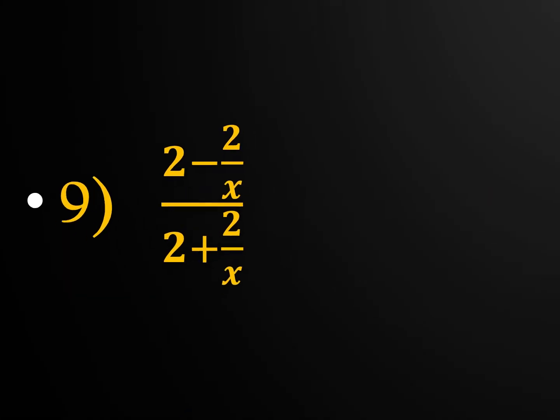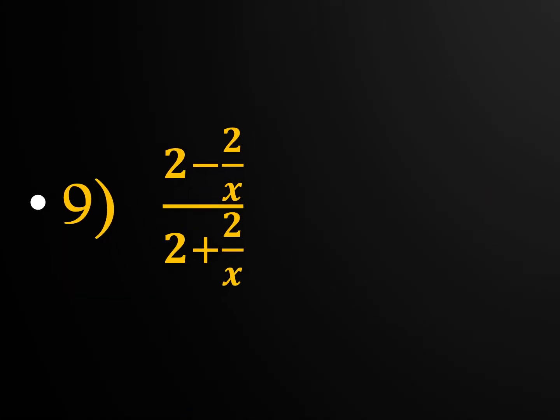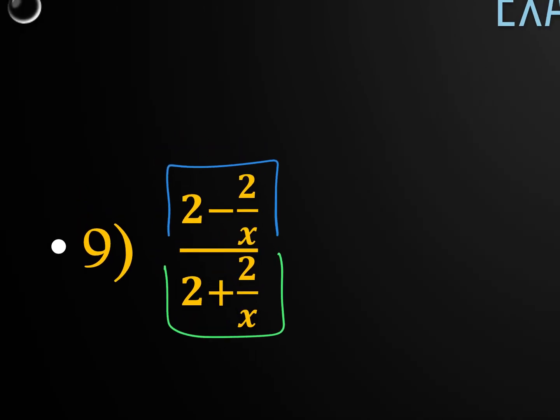Again, we need to simplify this whole numerator and then simplify the denominator by finding a common denominator. So again, I can change the 2 and make it 2 over 1. My common denominator is going to be an x. The first fraction is missing it. So then this will turn into 2x minus 2 over x.